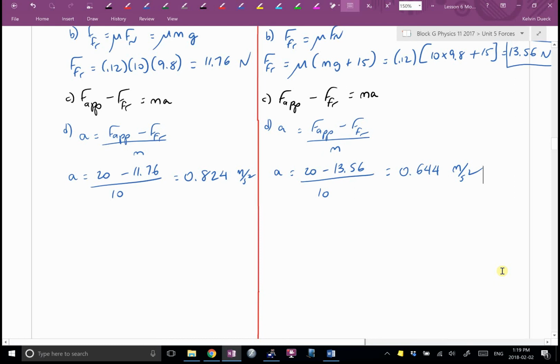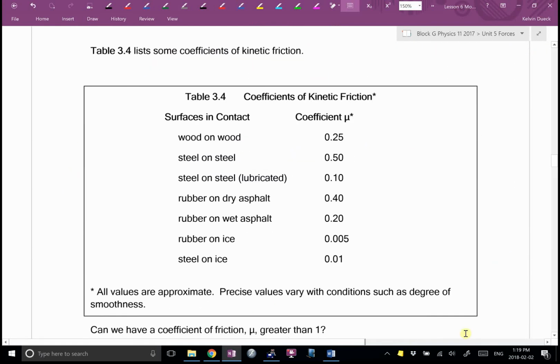We've been talking about mu. Here are some different coefficients of friction, just to give you an idea of numbers that are really big and really small. Steel on ice skates is near 0. Ice is slippery. Steel on ice is even slipperier. That's why with skates you can glide for so long.